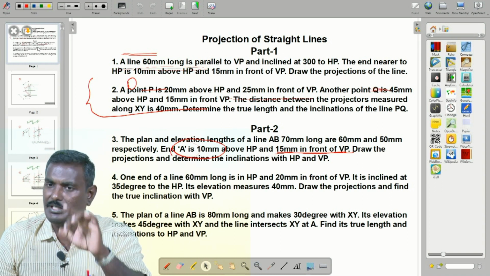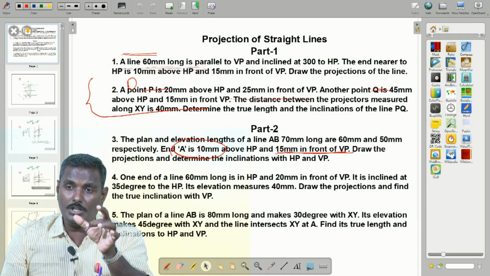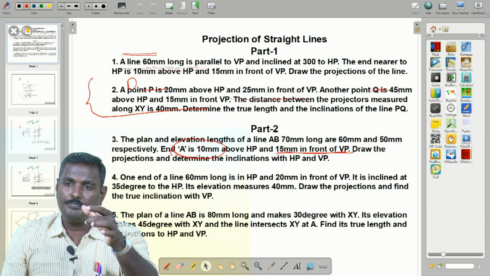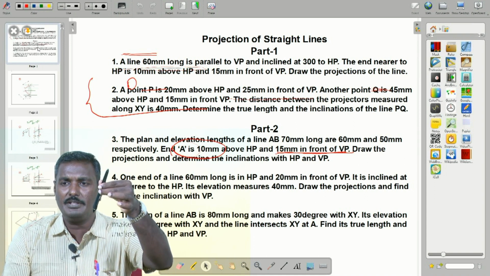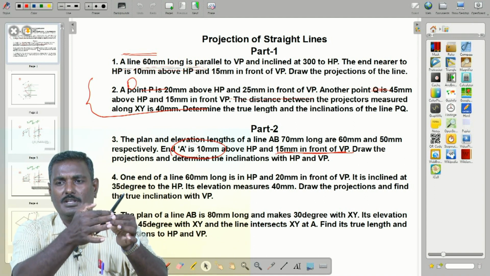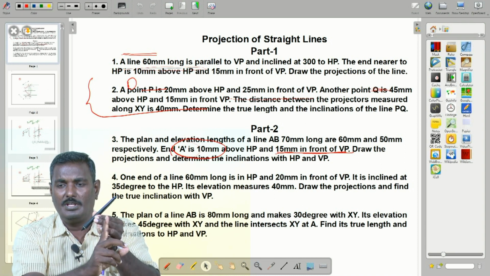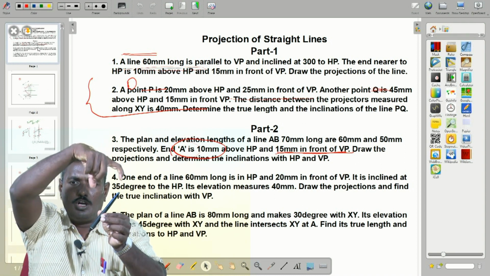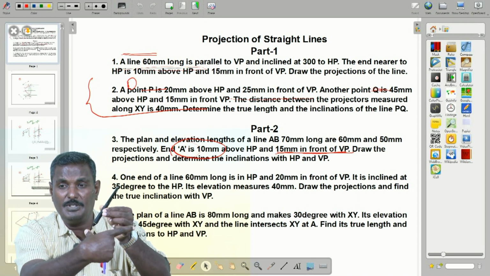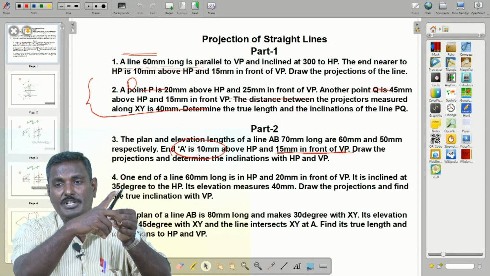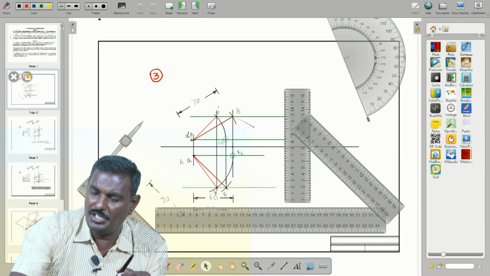Here we have to look, because the 70 mm long is seen from the top. If you take this straight line, the true length is observed from the elevation. If you look from the top, 60 mm, you have to measure the distance of 60 mm and construct the true length above. That is what was done here.